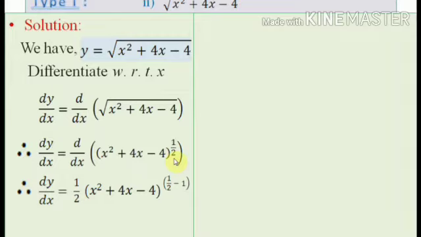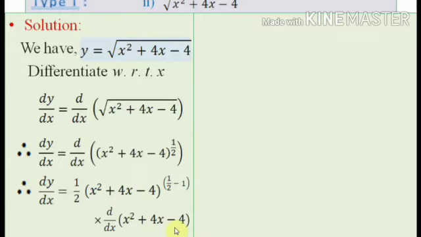Okay. Now into again the given function, instead of x we have taken here f of x. f of x is given as x square plus 4x minus 4. Therefore we take the derivative of f of x, that is f dash of x, into d by dx of x square plus 4x minus 4.